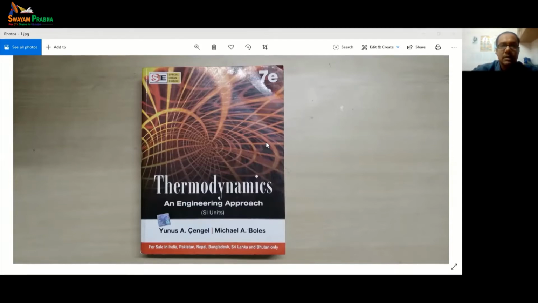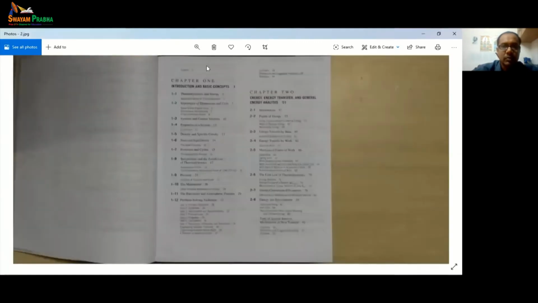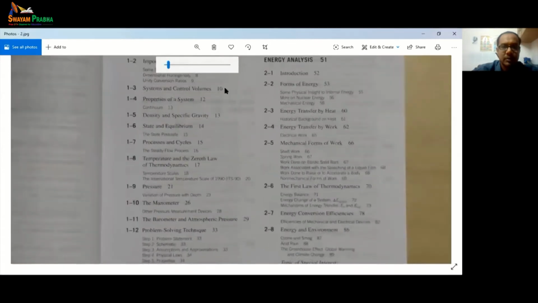The book is Thermodynamics: An Engineering Approach, written by the authors Cengel and Boles. So we are following this particular book, and last time we looked at a few problems from chapter 1 and chapter 2.